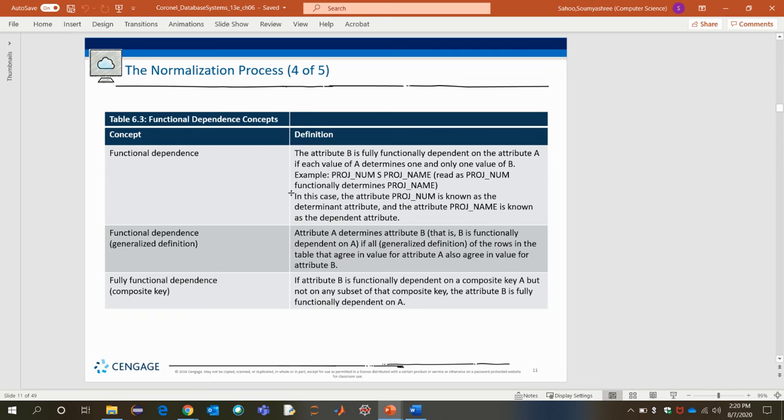Now after this, to start with normalization, you should know some other basic concepts called functional dependence and some examples of it, and fully functional dependence also. These are the concepts that need to be learned first.